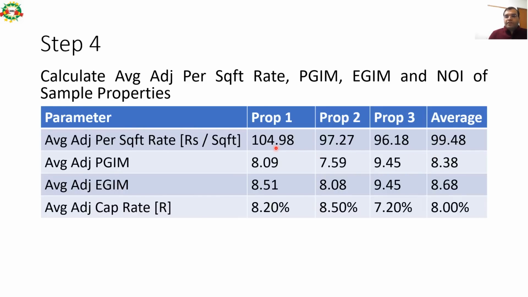It is equal to this figure plus this divided by 3, which is 99.48. Likewise, it is the arithmetic mean of these three figures: 8.09 plus 7.59 plus 9.45 divided by 3 is equal to 8.38. So likewise 8.68, and the average adjusted capitalization rate of the sample properties.